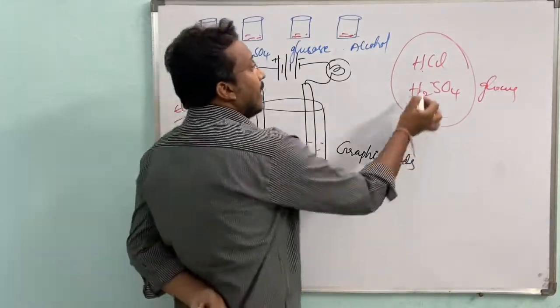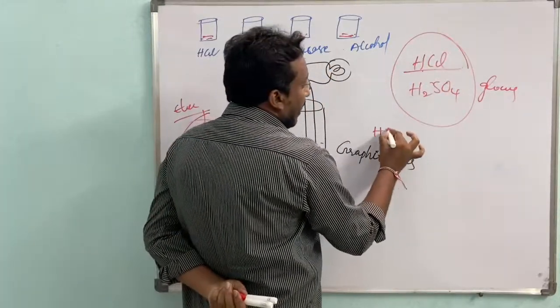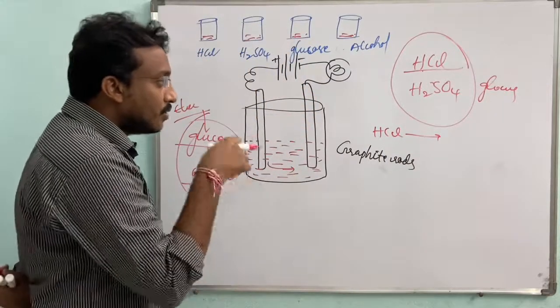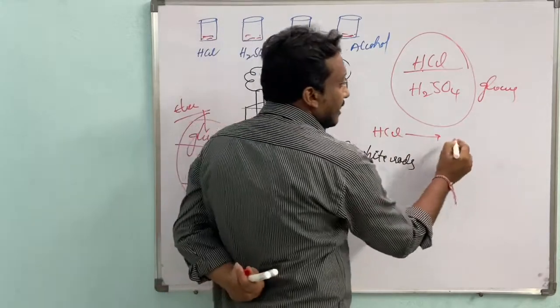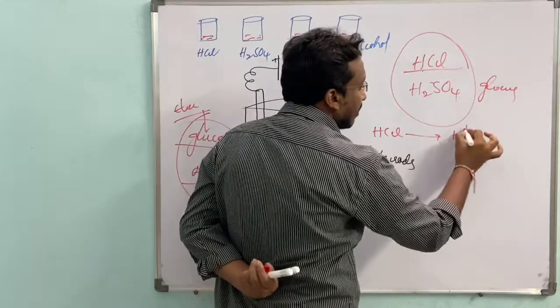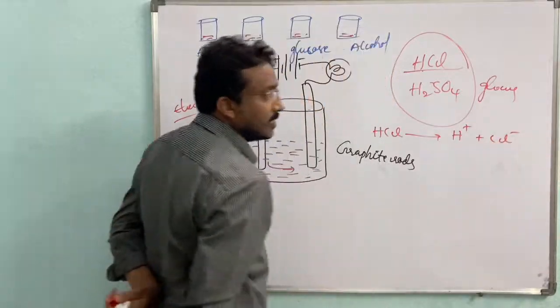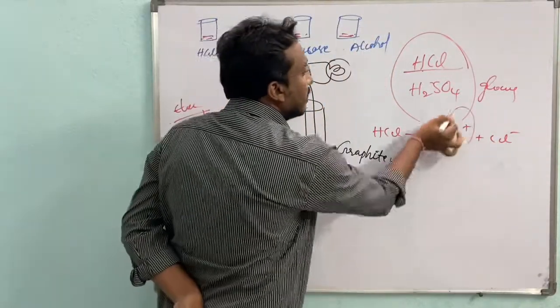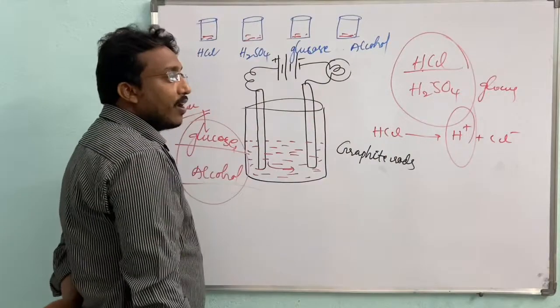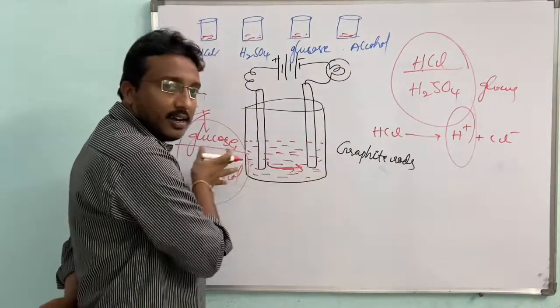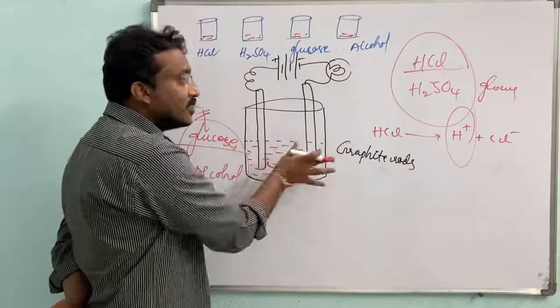Why is the bulb glowing in HCl and H2SO4? What is happening? Actually, when HCl is in solution, it splits into H plus and Cl minus ions. Then the ions move in the solution.